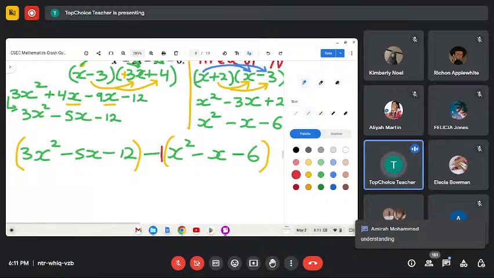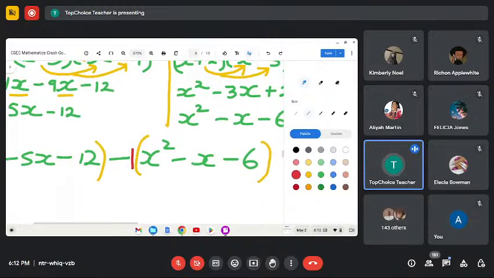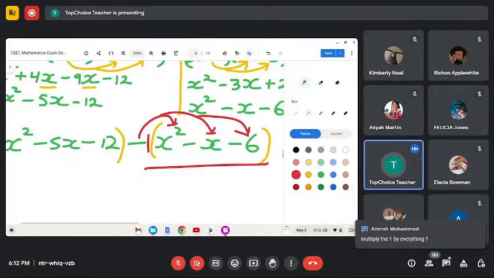But because this is a subtract, we have a single bracket expansion taking place here, and we don't even realize it. We need to multiply everything in this bracket by -1. That's the right method of how to get rid of this bracket here.